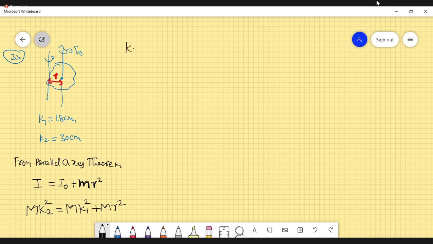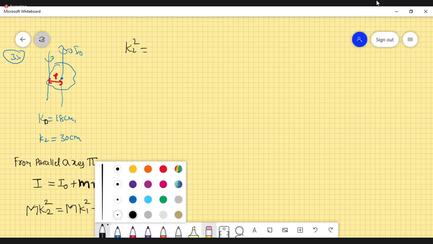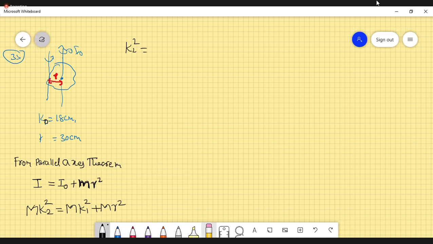So therefore, instead of that I will consider this as k naught, then k1 square equals k naught square plus r square. R square you have to calculate.